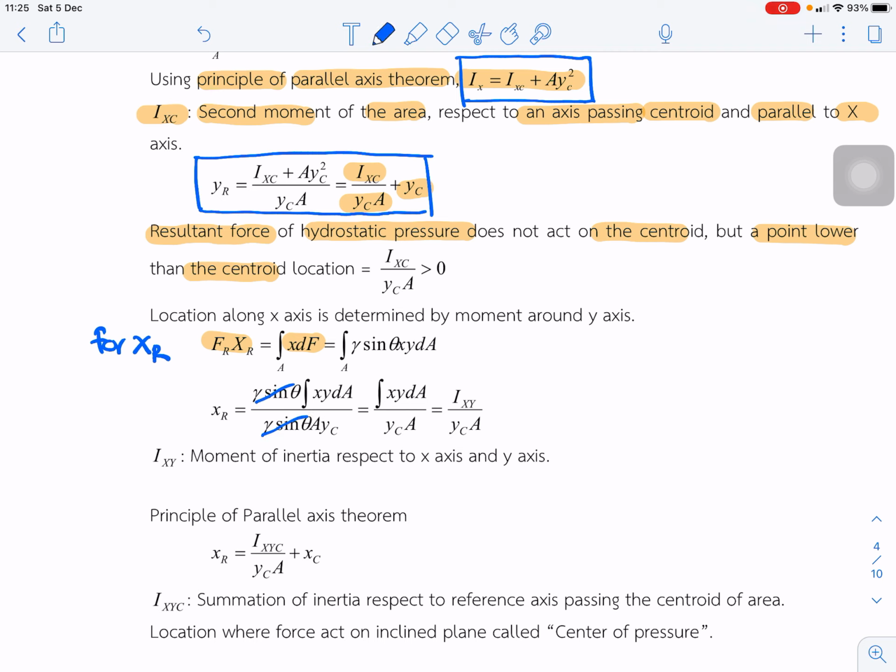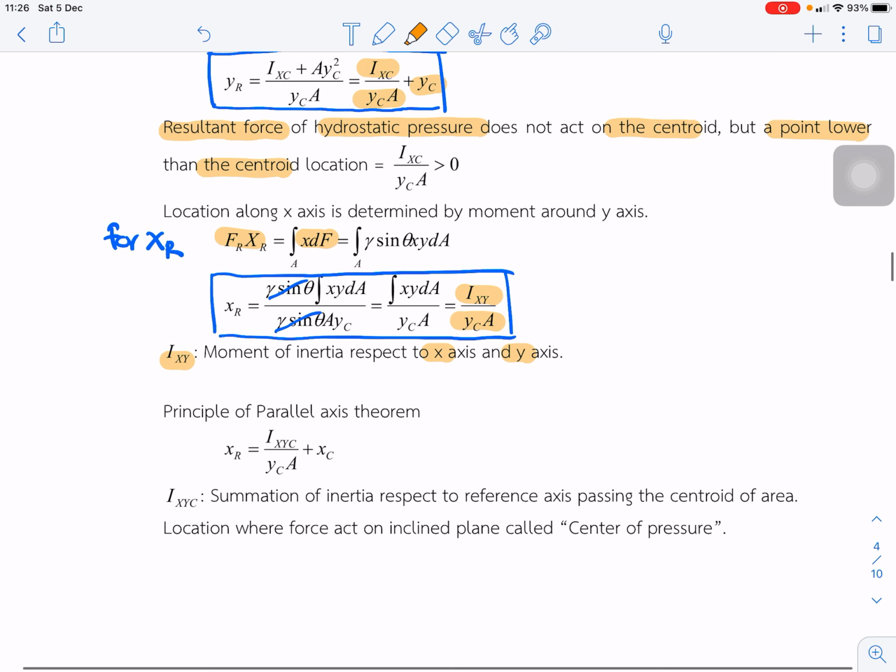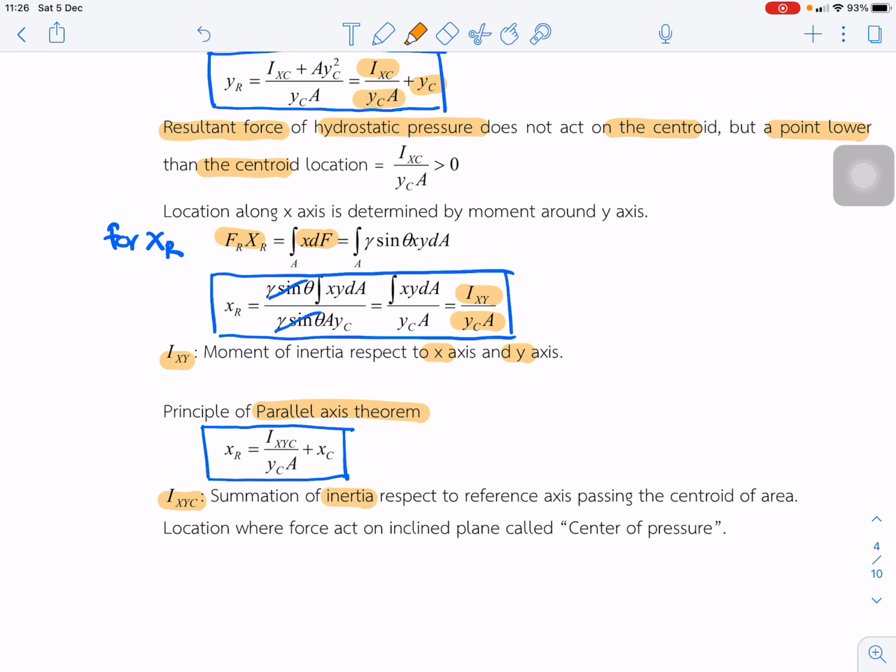So we can prove that xr is equal to Ixy divided by yc A, where Ixy is the moment of inertia with respect to the x and y axes. Based on the parallel axis theorem, we can write the equation of xr like this.